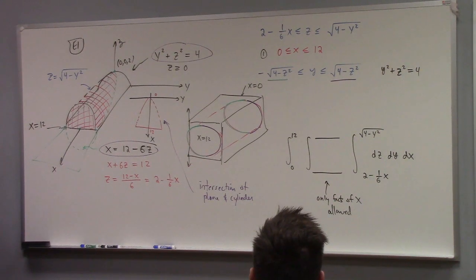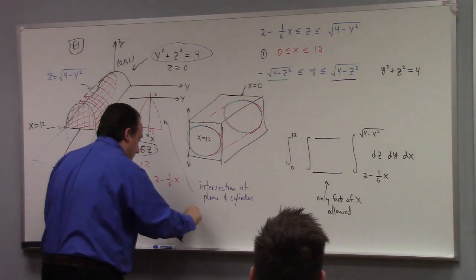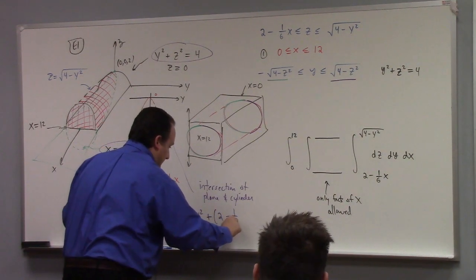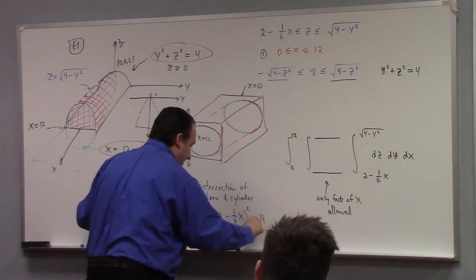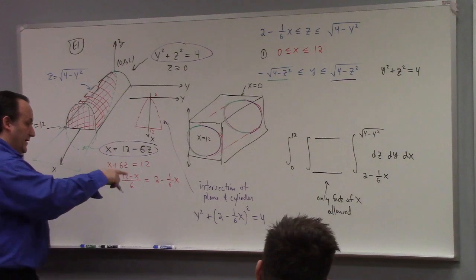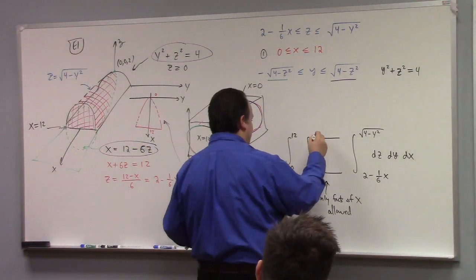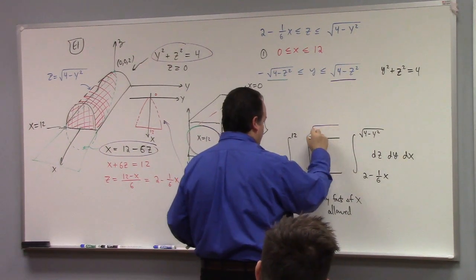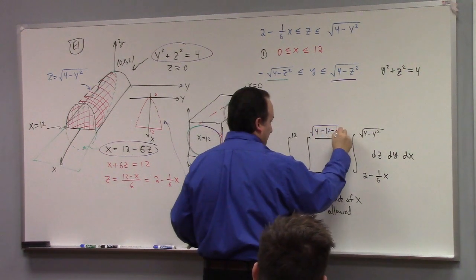I think one of you told me to solve for z and stick it into the other one a second ago, and that's exactly what we want to do. So solve this for z. Oh, I already did. So we get y squared plus (2 minus 1/6 x squared) squared equals 4. And so the hideous, horrible thing we want to put here is the square root of 4 minus (2 minus 1/6 x squared) squared.